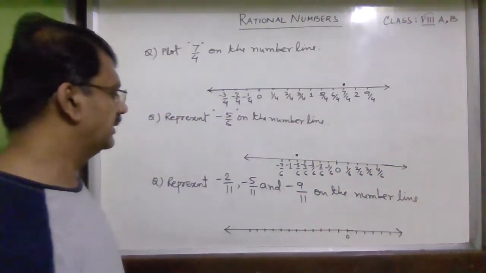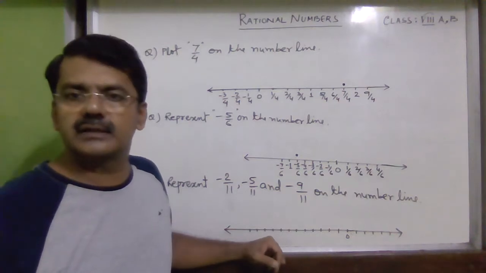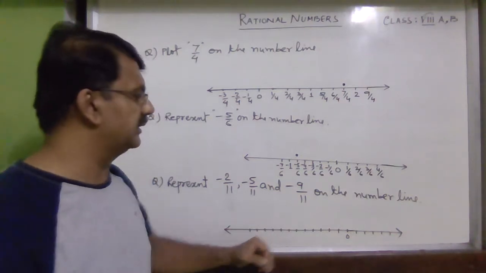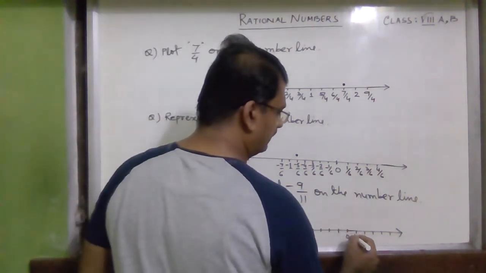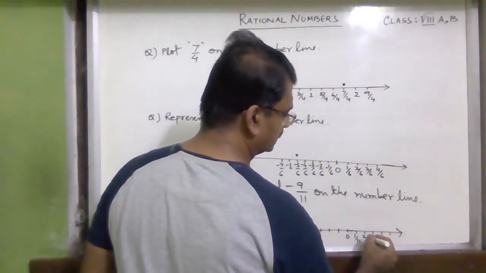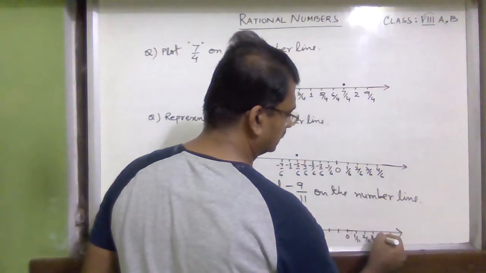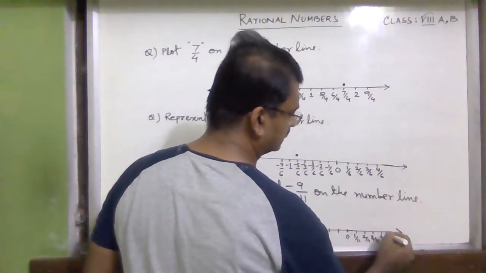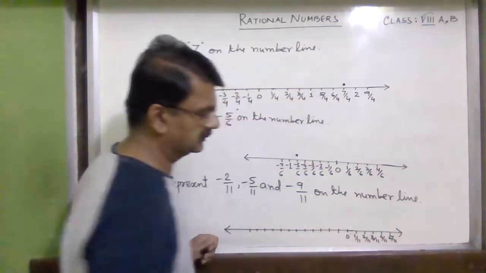Like this. Now, as there is an 11 in the denominator, so here we will write 1 by 11, 2 by 11, 3 by 11, 4 by 11, 5 by 11.